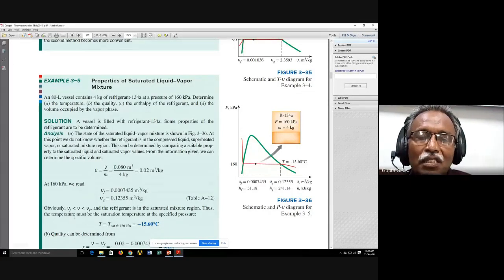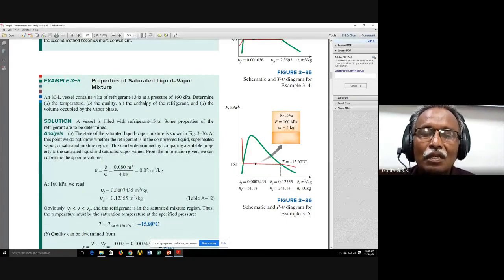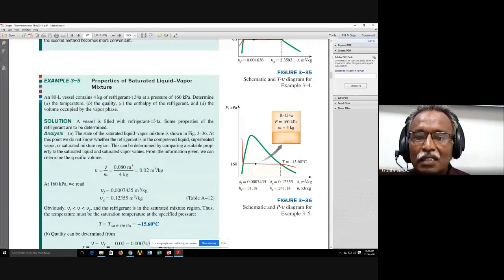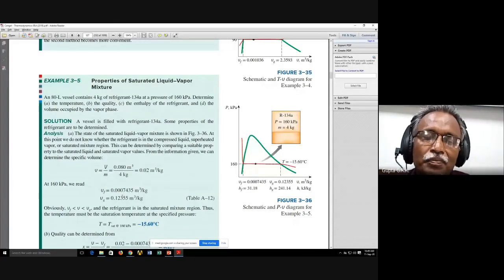So now you can check that this 0.02 comes in between these two, which means it is a liquid-vapor mixture. Once you understand that, the first thing is to calculate the dryness fraction. Once you get the dryness fraction, you can calculate enthalpy and entropy. And how to get it? Because v is equal to vf plus x vfg.